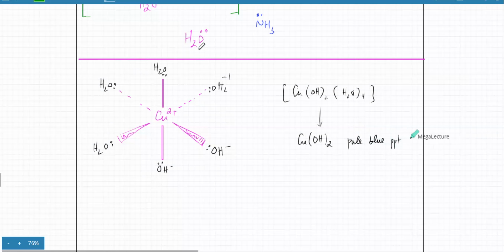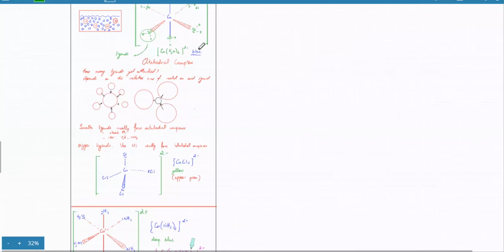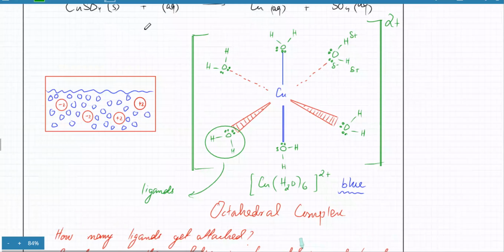precipitate. Let's go back just a step. Imagine you have copper with six water molecules. Even if more water molecules come in, the water molecules are overall neutral, so the complex ion has a charge of 2 plus, and even now it can attract other water molecules.